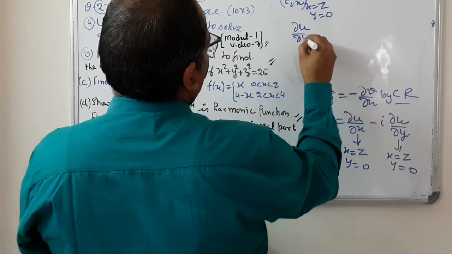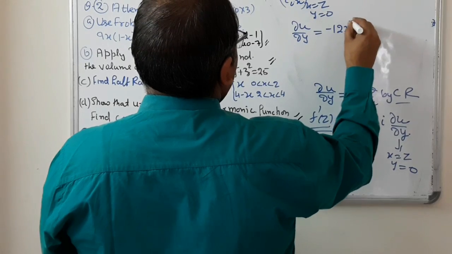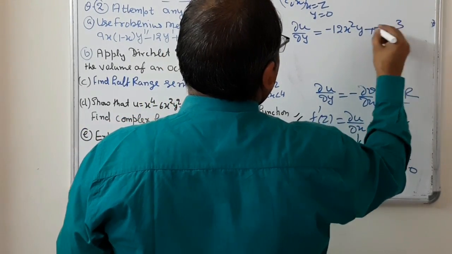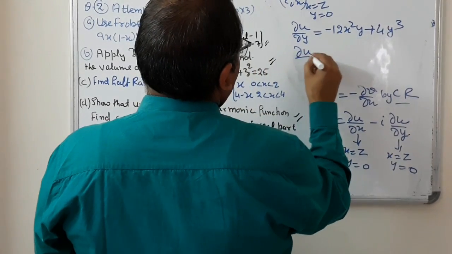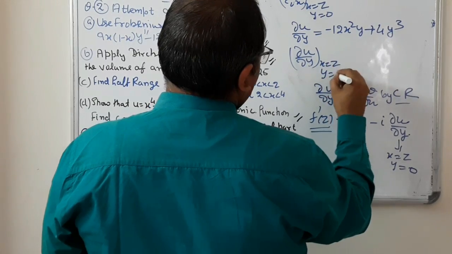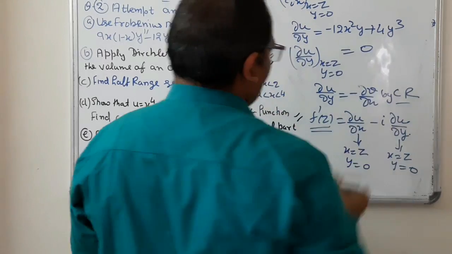Similarly, del u upon del y is equal to minus 12 x square y plus 4 y cube. If we put here del u upon del y at x equal to z and y equal to 0, what we get? We get from here 0.